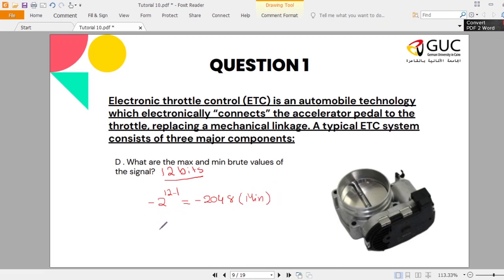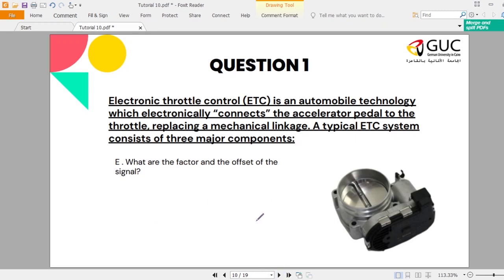This is the minimum value. And the positive value, positive 2 power 11 minus 1, which will be equal to 2047 maximum. This is the maximum value and the minimum value of this specific signal.